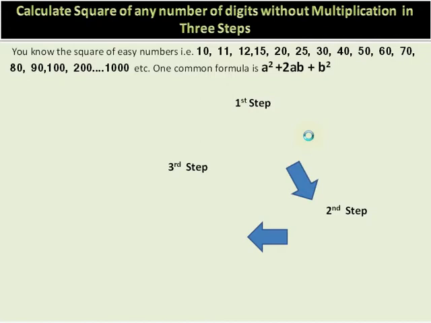So the square of 2 is 4. Then you multiply a and b, 1 and 2, and multiply that with 2, so you will get 4. And a square means 1 square is 1. So your answer is 144.